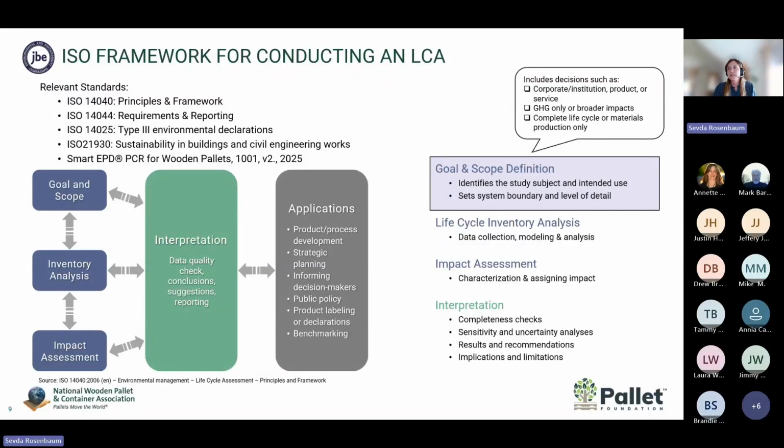And when I say all these stages are interrelated, once something is different or the scope changes in any stage of the LCA, you can go back to your goal and scope and change it to be in line with your study.